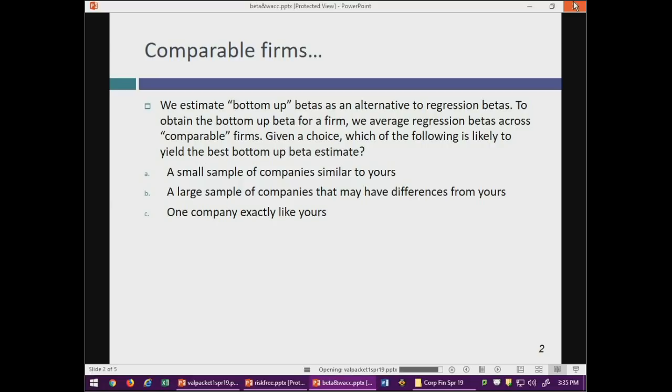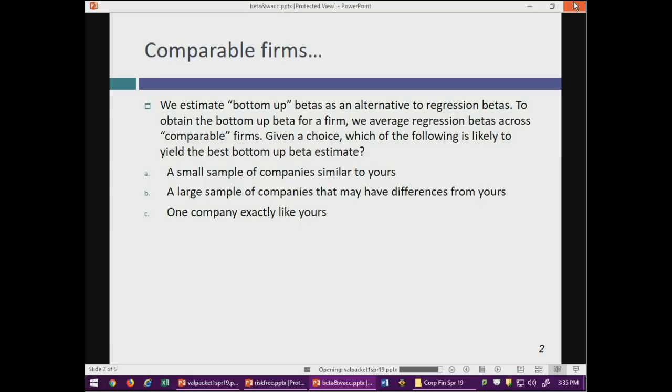If you're doing Microsoft, you can say, look, I'm going to pick only big application software companies, in which case you might get 2 or 3. Or you can say, I'm going to pick all software companies, accepting that some are going to be bigger, some are going to be smaller, some are going to be higher growth, some are lower growth. What do you think is a better strategy? Go for a small sample of companies very much like yours.